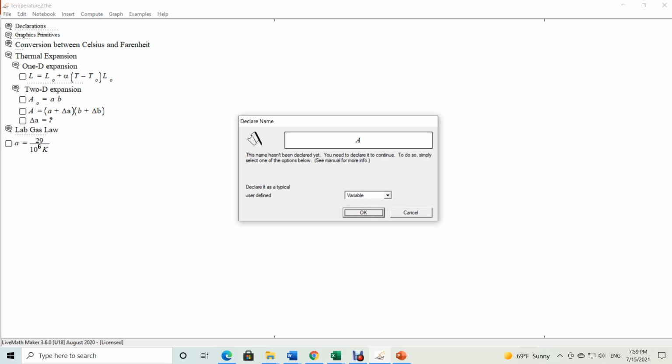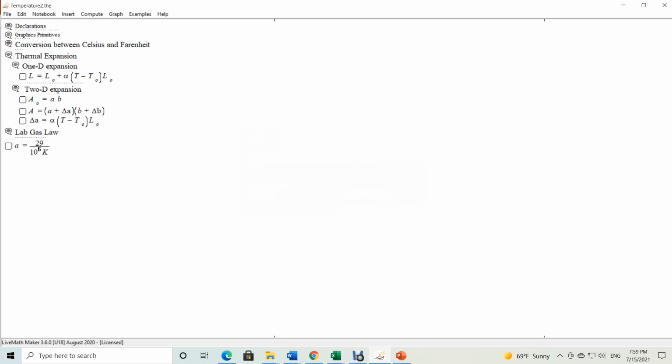The initial length is A, I didn't put A naught there, I put A. The coefficient of thermal expansion is alpha as well. And we do the same for B.